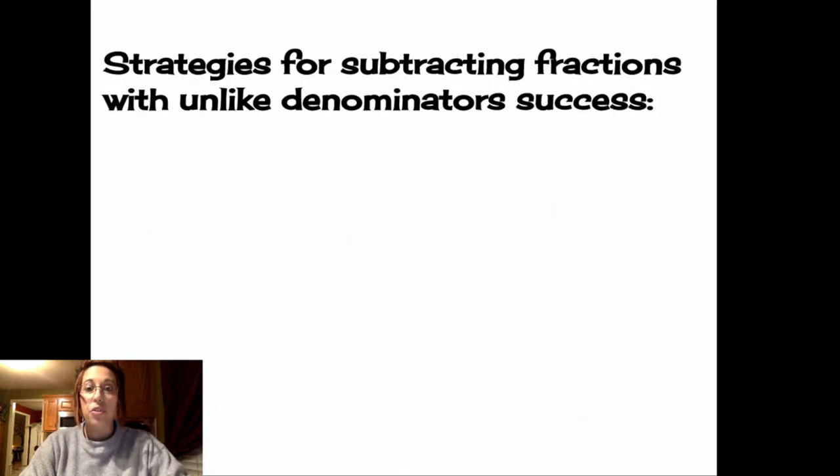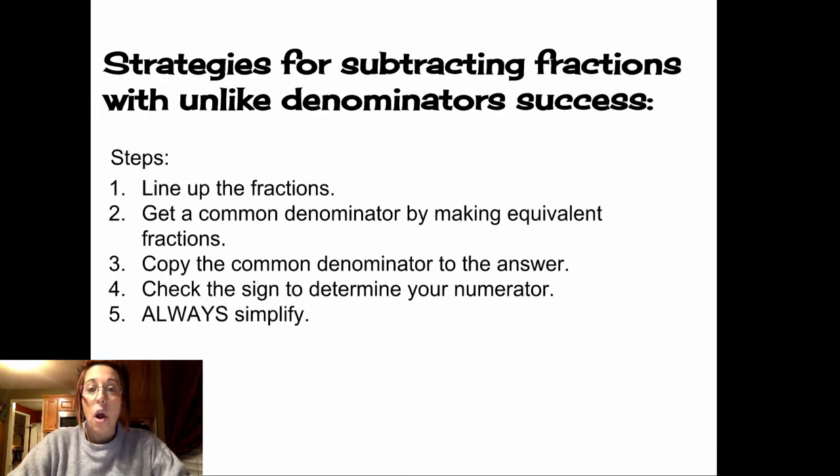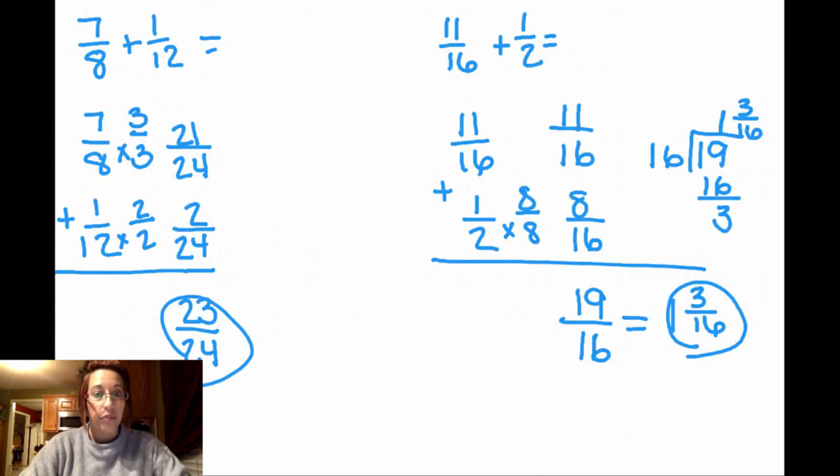We have no new vocabulary, and really our strategies for success are the same as adding fractions. We're going to line them up vertically, get a common denominator to make equivalent fractions, copy the denominator to the answer, check our sign, and determine the numerator, and then always, always, always simplify.